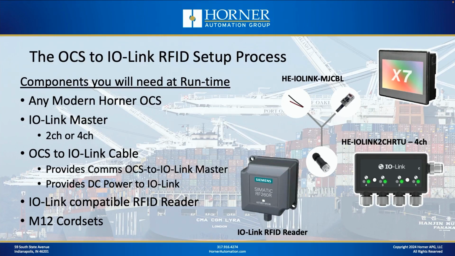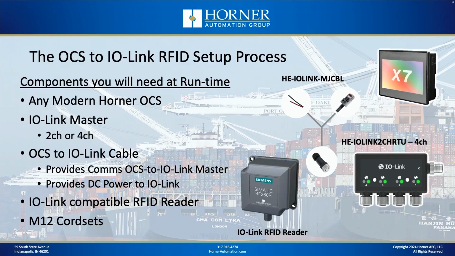You'll also need a cable that interconnects the IO-Link master and the Horner OCS, and it looks a little bit like a Y cable because it also is used to supply DC power to the IO-Link devices as well. All right, so that part number's up there on the screen, or you can build your own. And then also, you're going to need, of course, an RFID reader that's compatible with IO-Link.